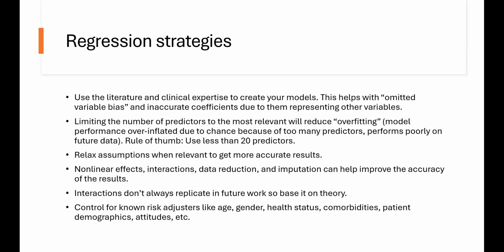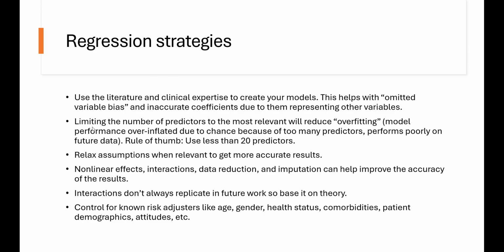If they work in coal mines, that's usually a strong predictor. If they've removed asbestos from buildings or houses in the past, that may contribute to lung cancer, and their medical history, their family history. But we would use our literature and clinical expertise to build our models.